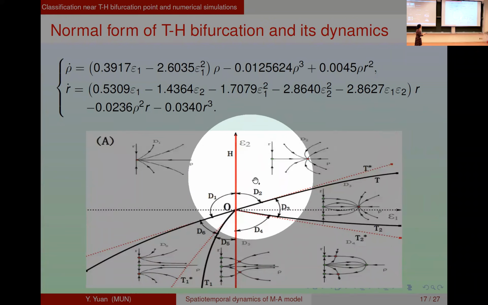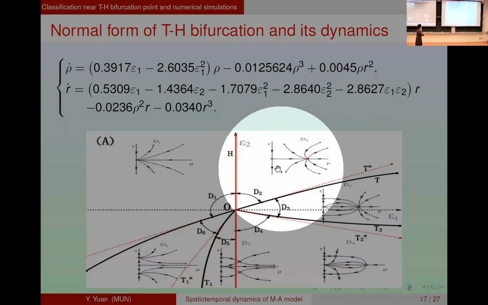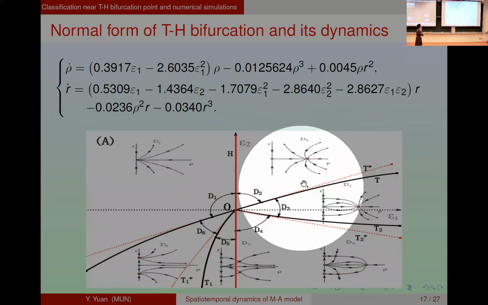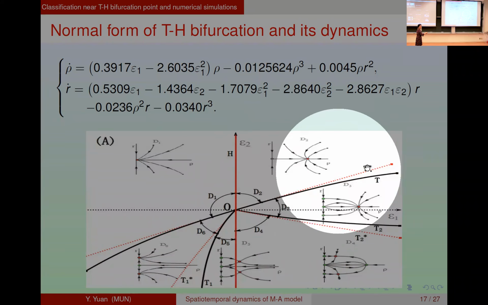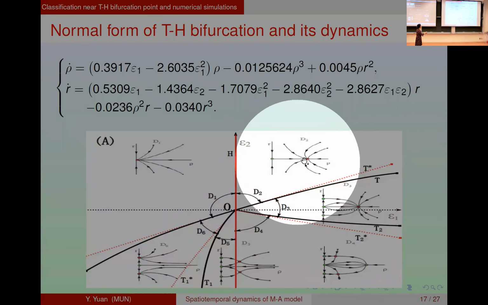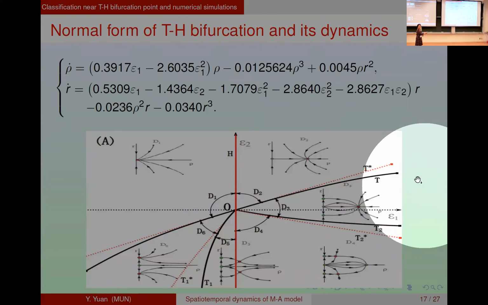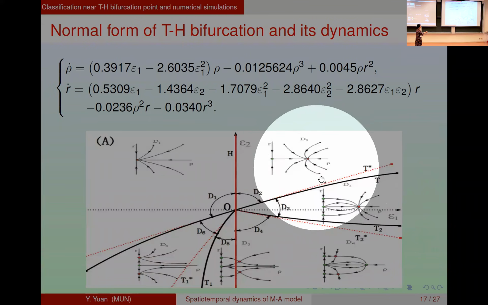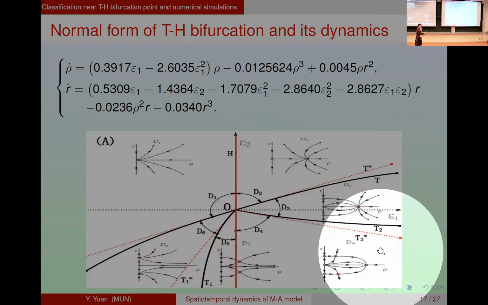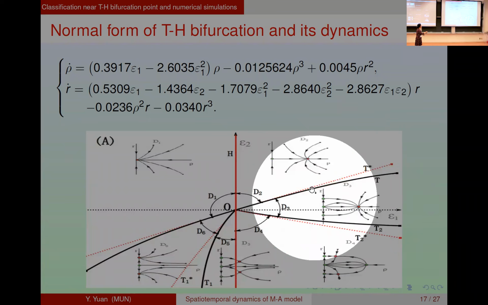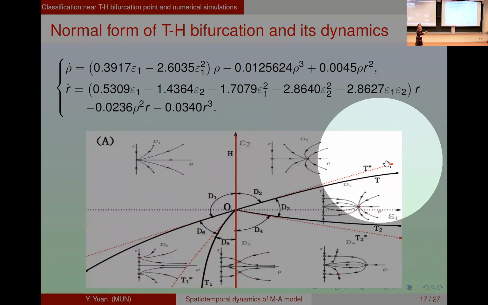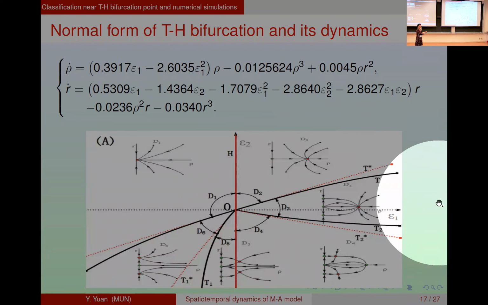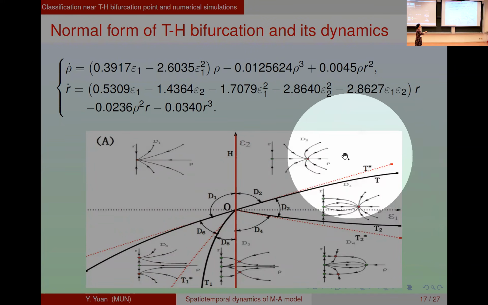Crossing this one, the origin becomes unstable, but the stable boundary equilibrium is here, in the R axis. That means in the original system there is a stable, spatially homogeneous periodic solution, which is stable.